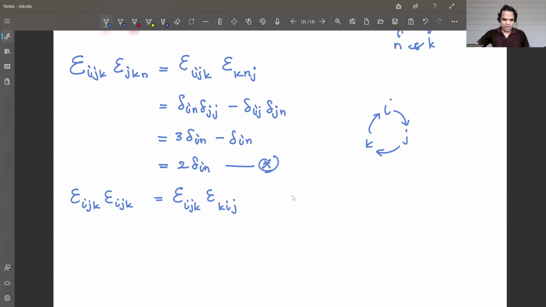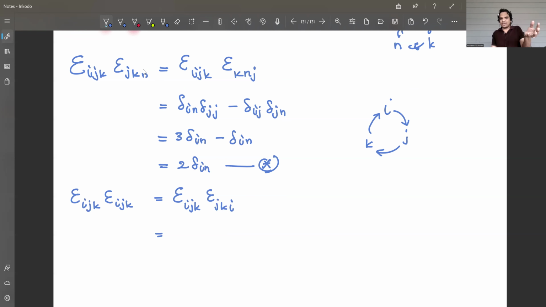So now from here, I will write it this way, JKI instead of this one. Now you can see the last two indices and the first two indices are the same.